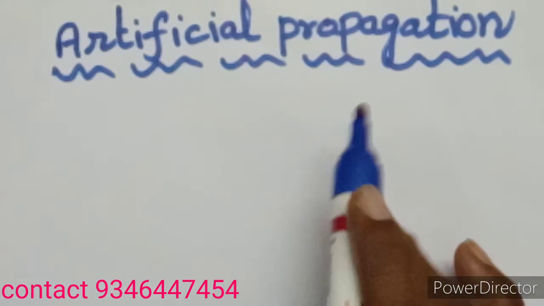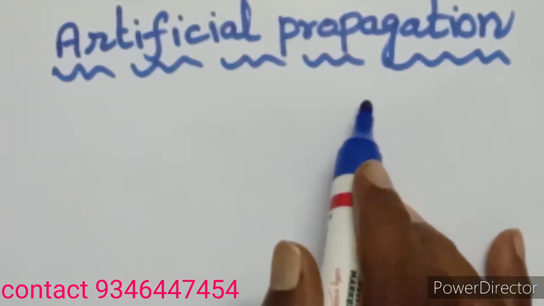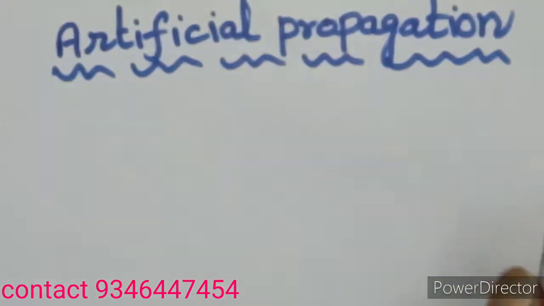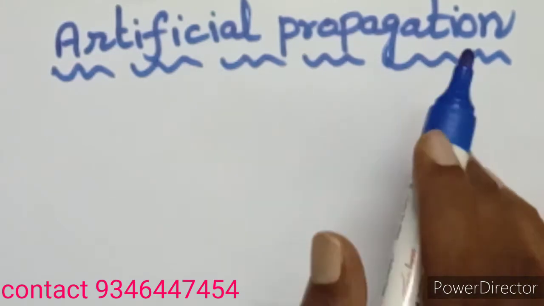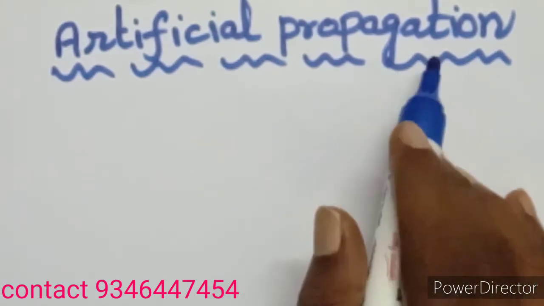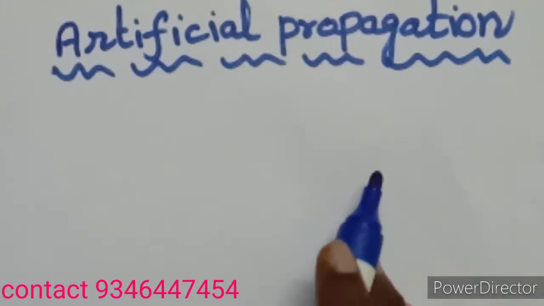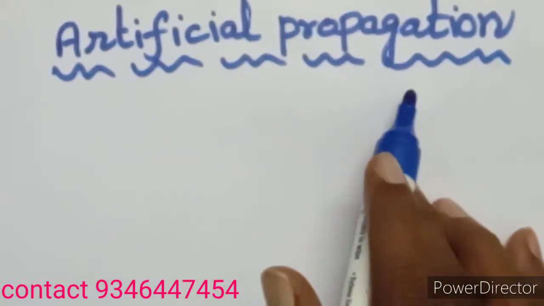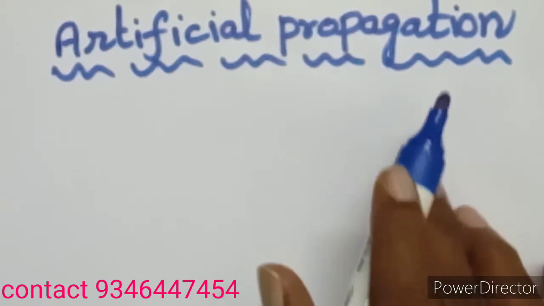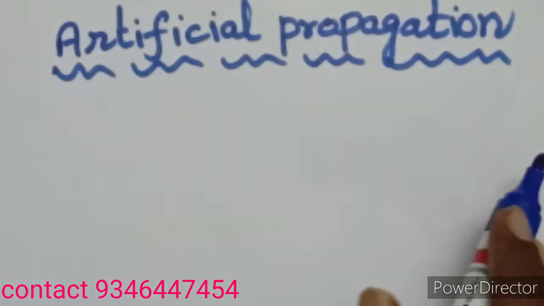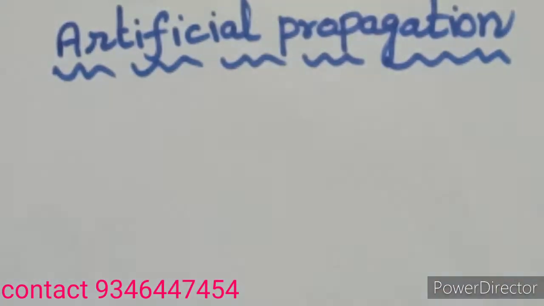Artificial vegetative propagation means what? We can produce new plants artificially from the vegetative parts of plants. If we produce new plants by the vegetative parts of the plants artificially, that is said to be artificial vegetative propagation.